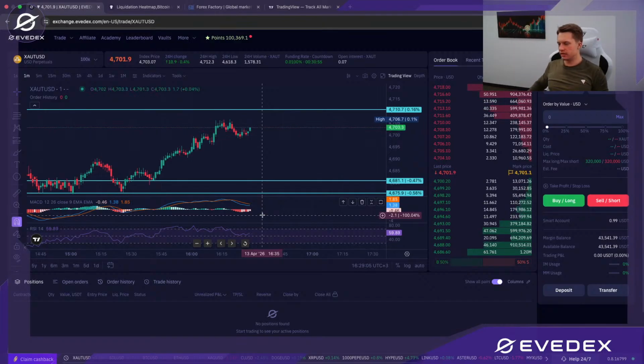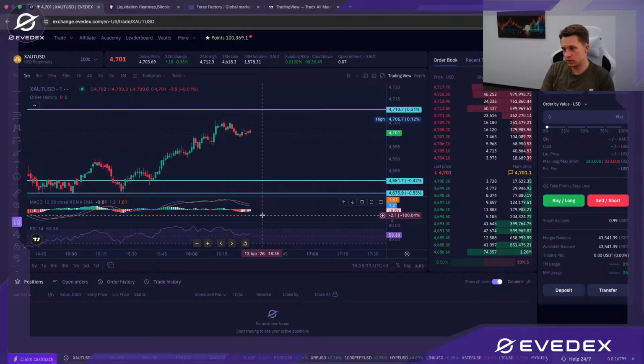So we need price coming up to that resistance level a bit more, and hopefully touch it as well. Give us a stronger confirmation of that level there.